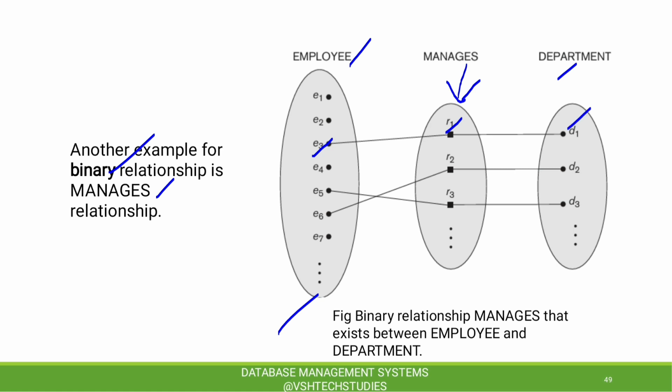That is what is indicated in the figure. Here R1, R2, R3 are called relationship instances. In each relationship instance, two entities will be participating. That is what is called a binary relationship.